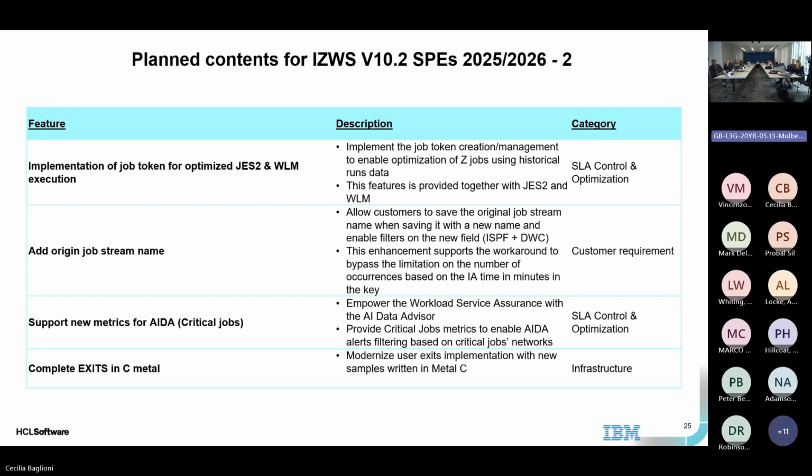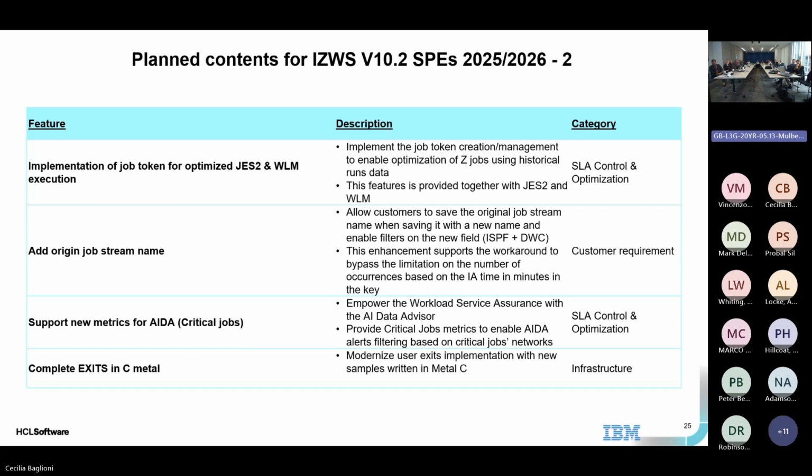Then we have a requirement. There are many customers who are using workarounds to bypass the limitation of the number of the same occurrence that you can define in one plan, because it's based on the time, it's in the key, and that's in minutes.